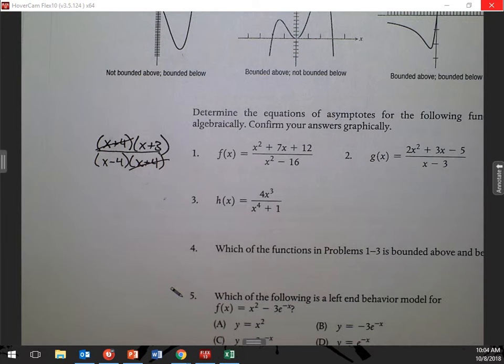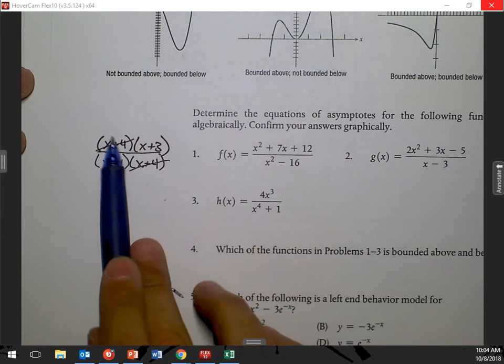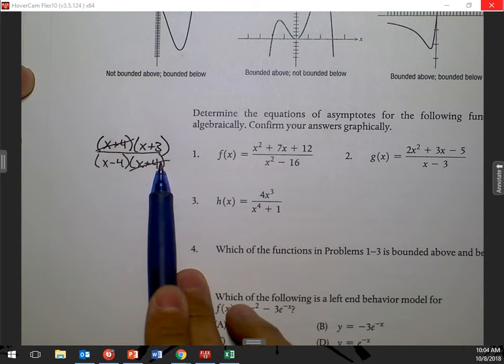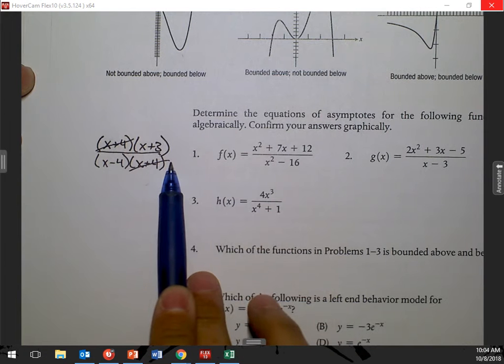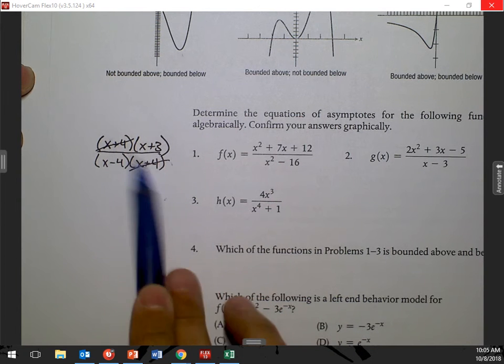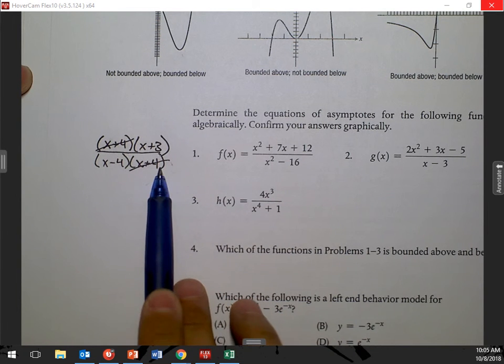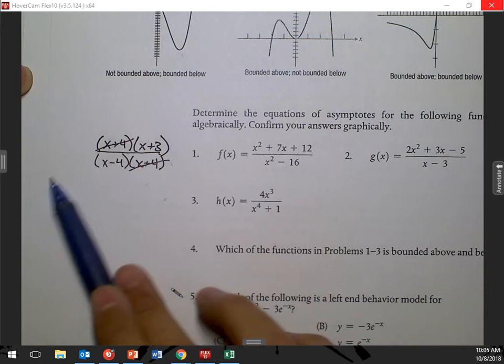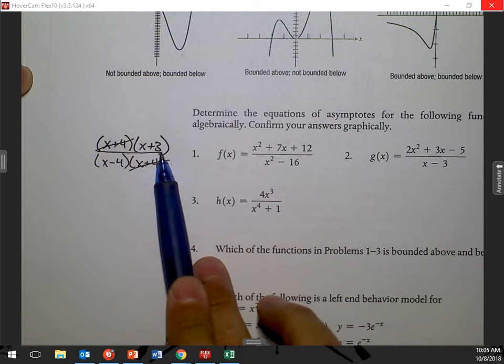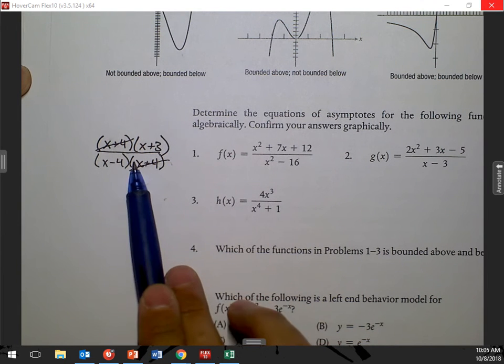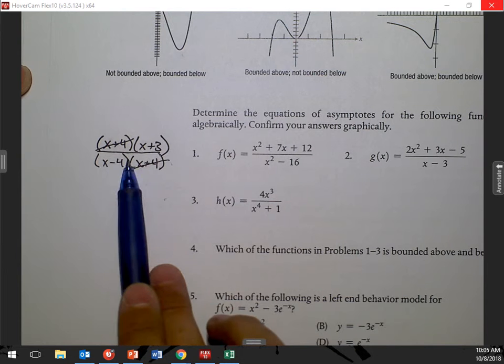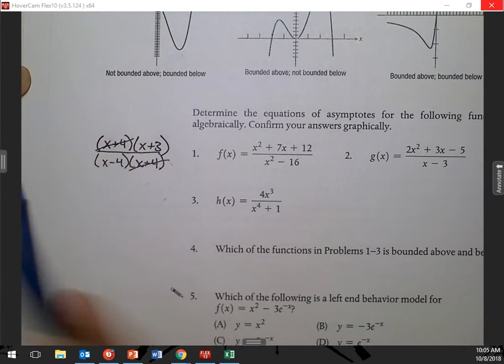It is a removable discontinuity, so it's a hole. It's not an asymptote. So that's going to be a hole there. If I'm looking at the graph, it's going to look continuous, but when I try to plug in at that point, it's going to say undefined, because that's going to be my hole.